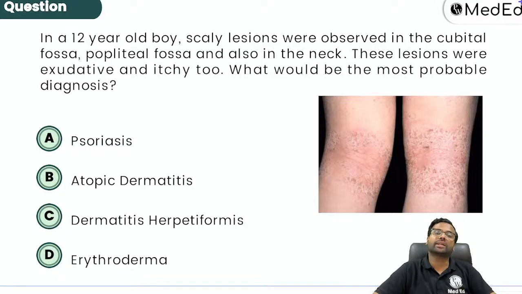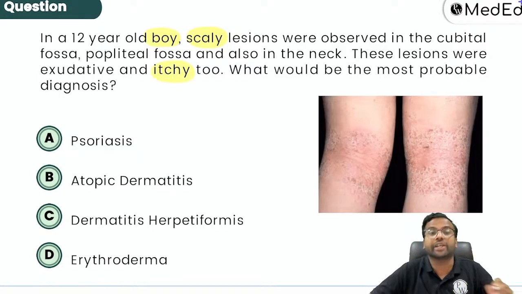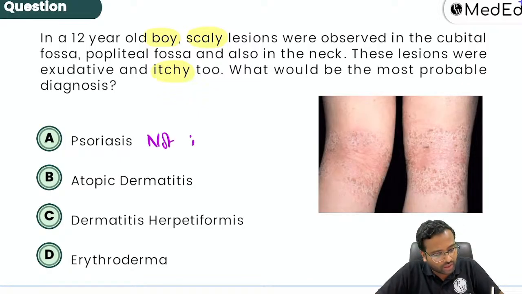Yes, once again, I'm getting the right answers here. Always remember, this is a child who is having a scaly lesion and these lesions are itchy as well. Going option by option, psoriasis is usually not itchy.